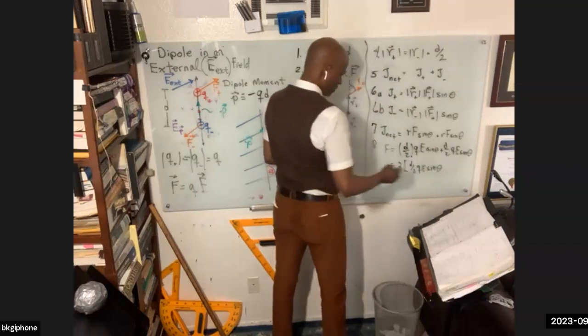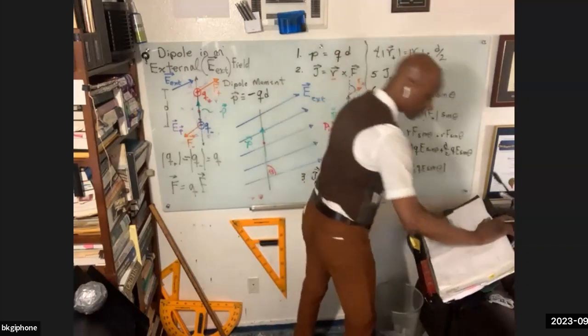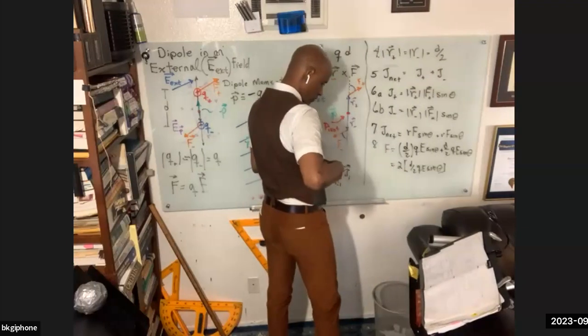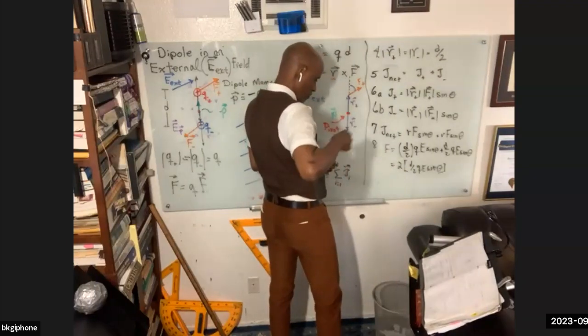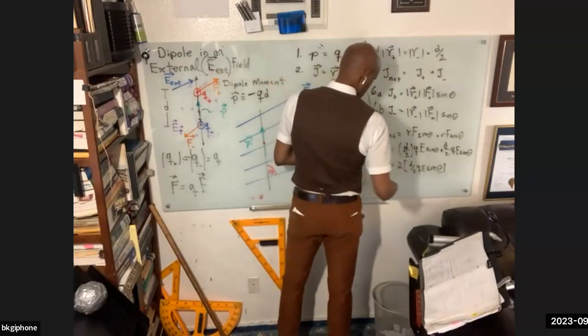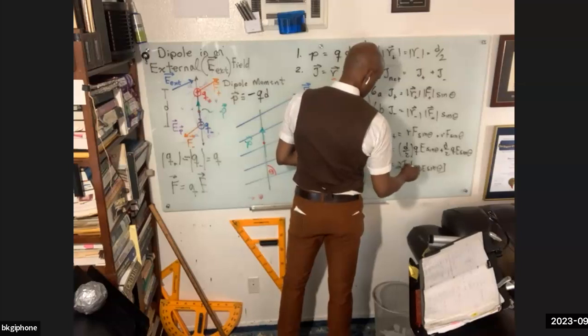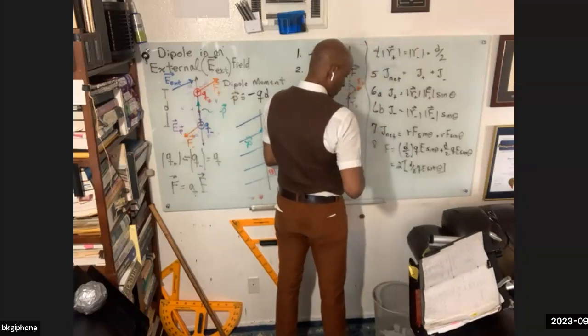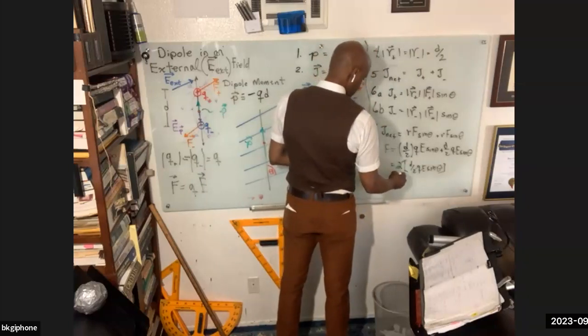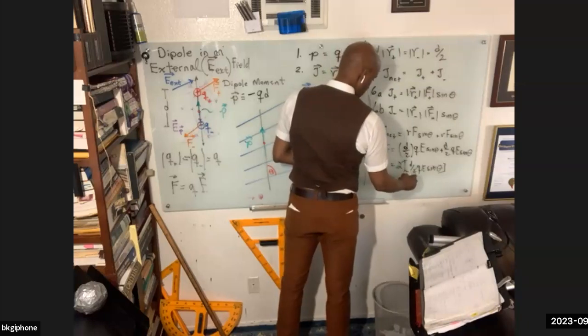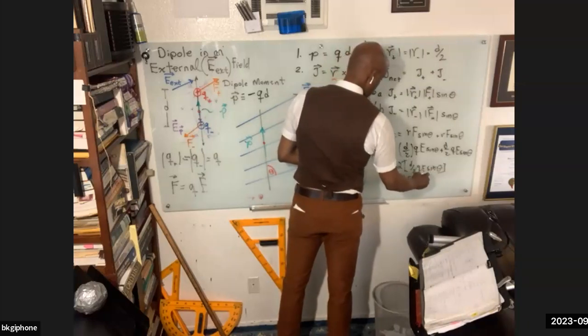The 2 cancels with the half there, and we're left with Q D E sine theta.